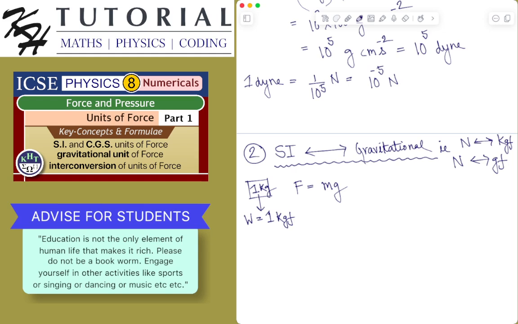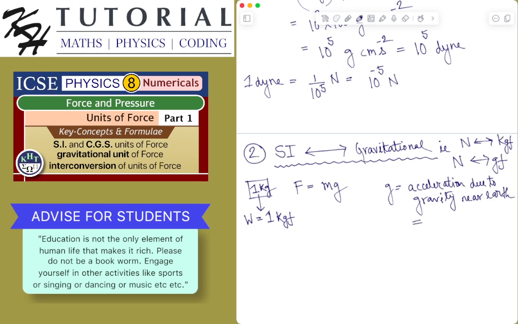g is the acceleration due to gravity. We are talking in general near the surface of Earth. So this is the acceleration due to gravity near Earth's surface, and this is a constant.